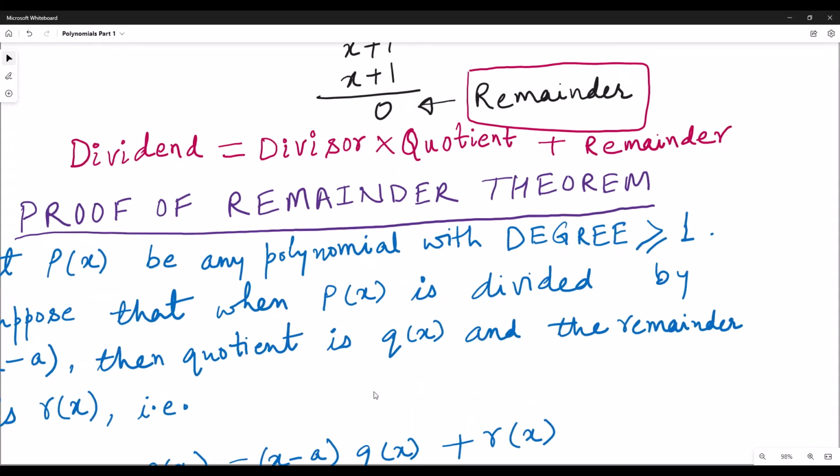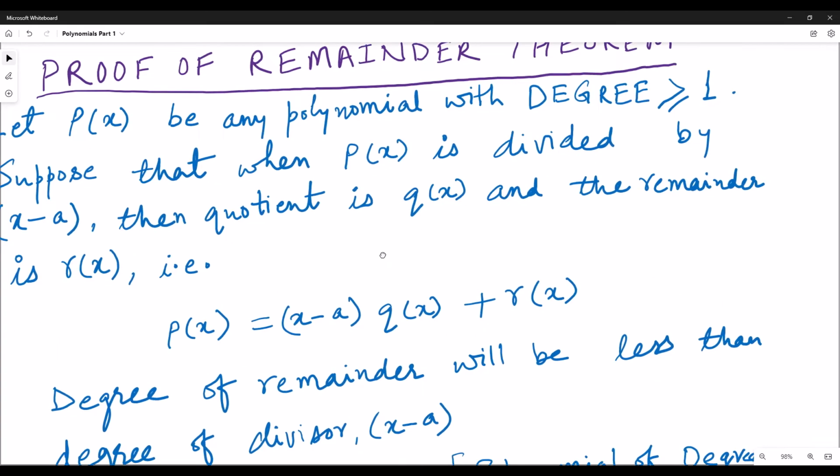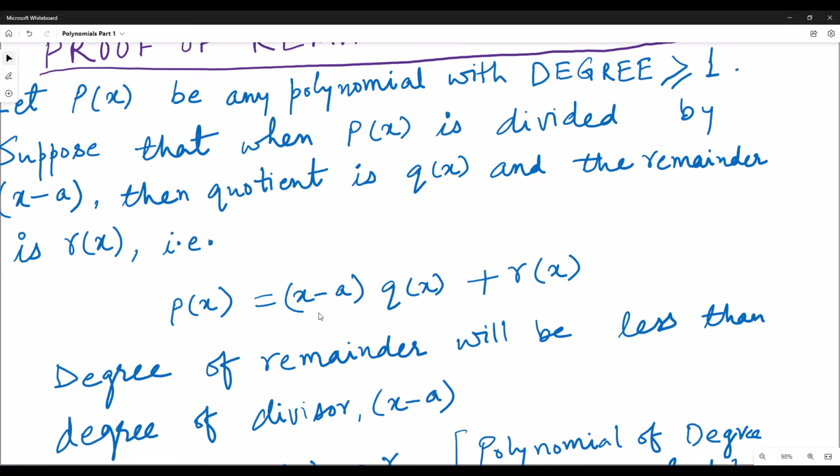So if the polynomial is p(x), we can write it in the form of (x minus a) into q(x), because we are dividing the polynomial by x minus a. Let us suppose the quotient is q(x) and the remainder is r(x).